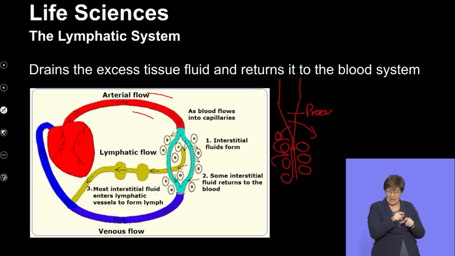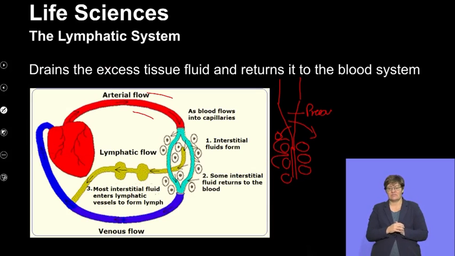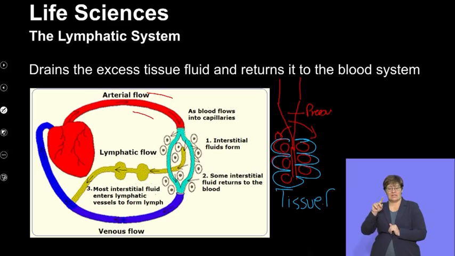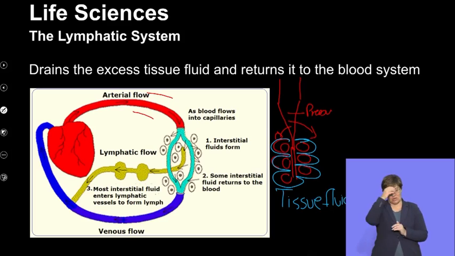I'm just going to use a different color to show it. What it does is it bathes the tissues in what we call tissue fluid or interstitial fluid. And that is a really important concept, because you're not biltong. We're not dry biltong flakes. Our body needs to be moist.